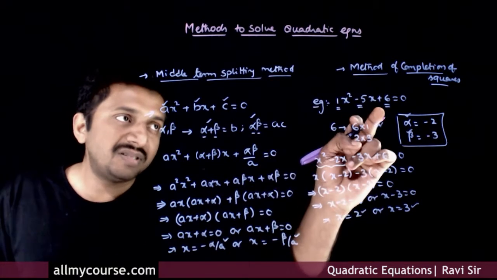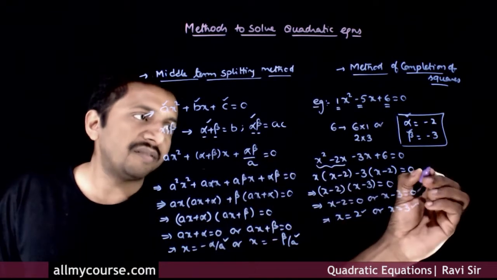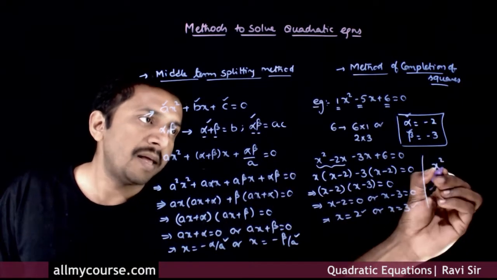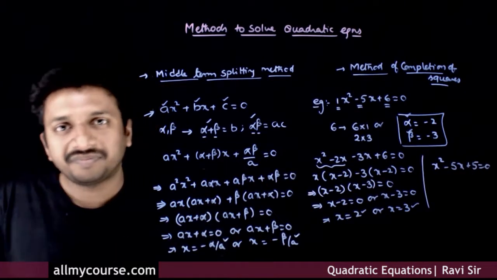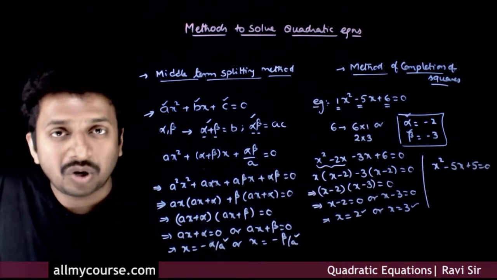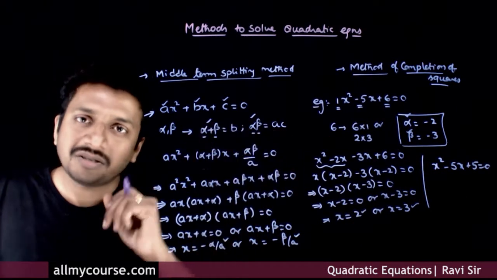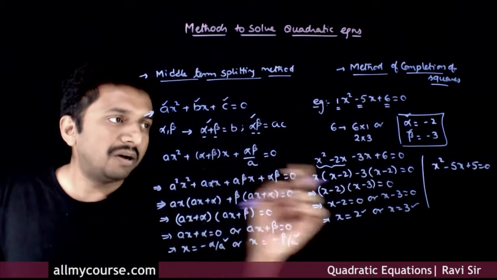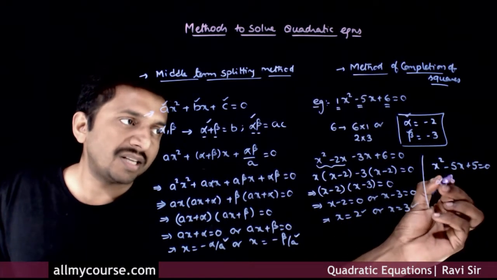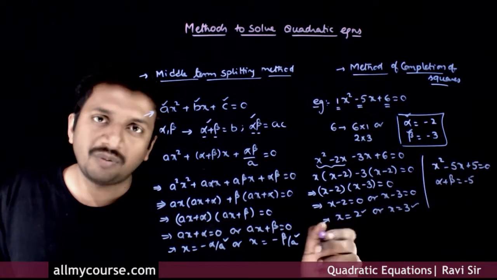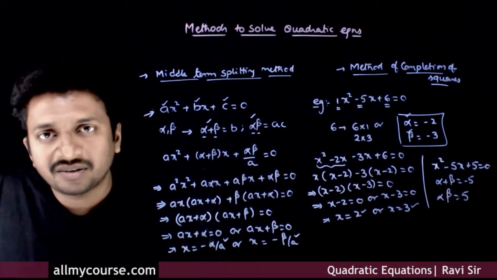For example, if this 6 changes to 5, so if you have the equation x square minus 5x plus 5 is equal to 0, it's not very easy to find alpha and beta satisfying these two conditions, because you need two numbers such that alpha plus beta is equal to minus 5 and alpha beta is equal to plus 5.